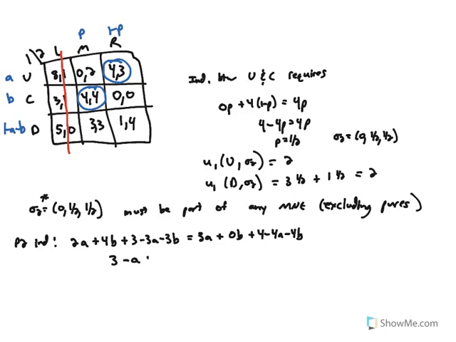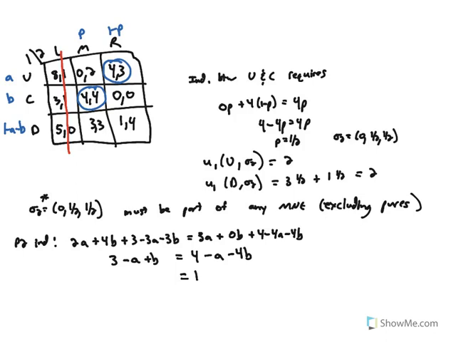So we have 3 minus A plus B is equal to 4 minus A minus 4B. And so I can subtract 3 from both sides, so I get a 1 here. Oh no, the A's fall out.